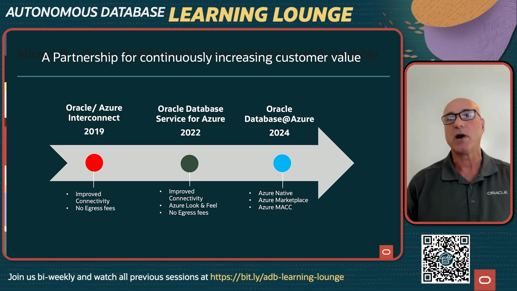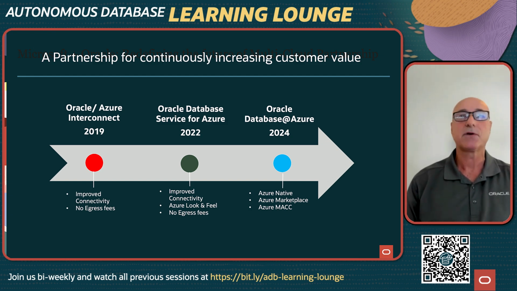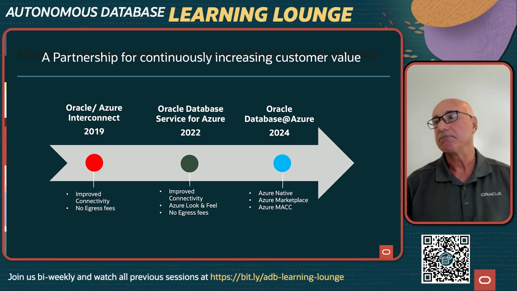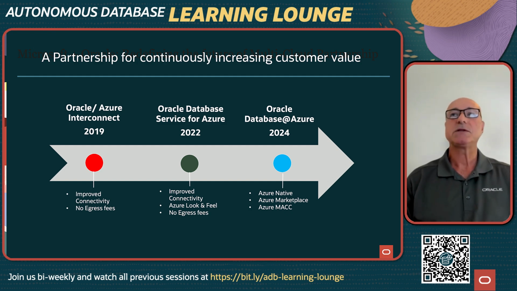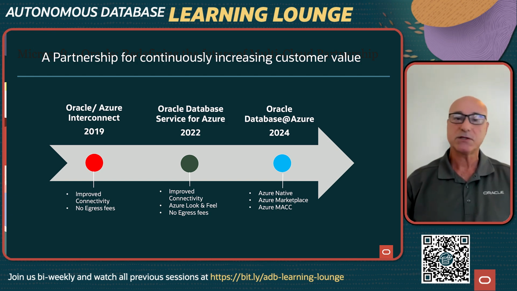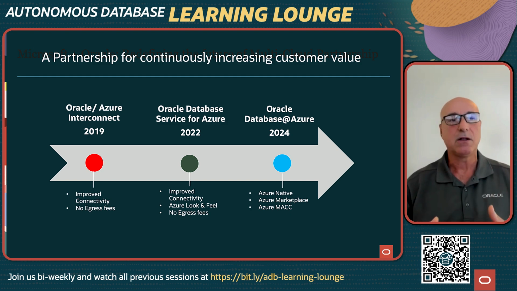Now, that was groundbreaking at the time because egress fees are a big component of many organizations' cloud fees. But we didn't stop there, right? In 2022, again hearing from our customers, we're a committed Azure shop, and we really like that look and feel.